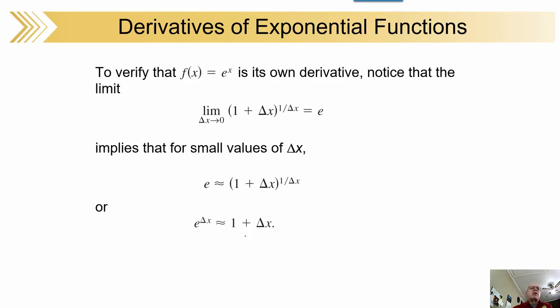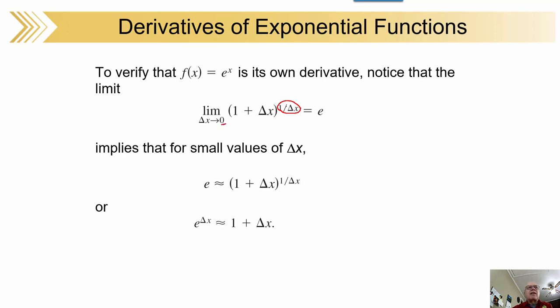But this is where e comes from. If you take the limit of 1 plus delta x, in other words, very close to 1, but then you take it to a power of 1 over delta x. Now, if you give this just a tiny bit of thought, 1 is a constant. Delta x is getting closer and closer to 0.